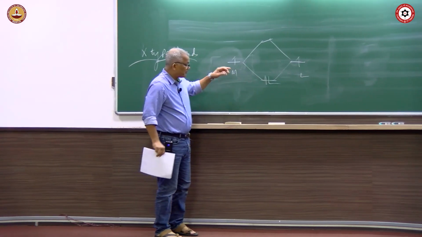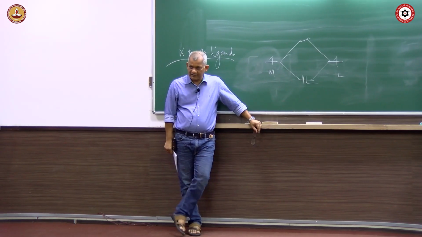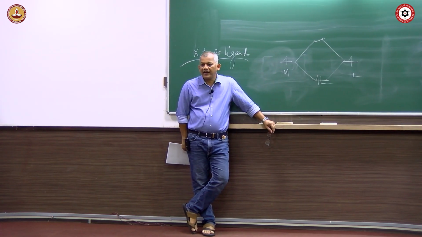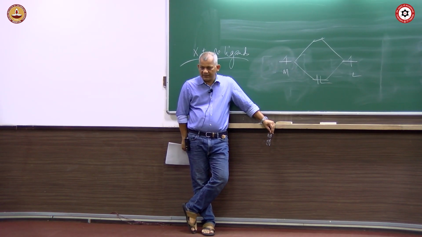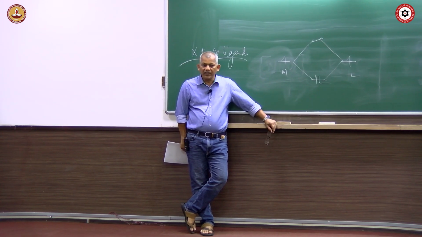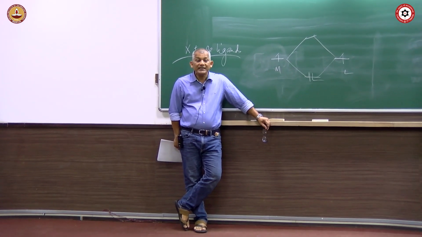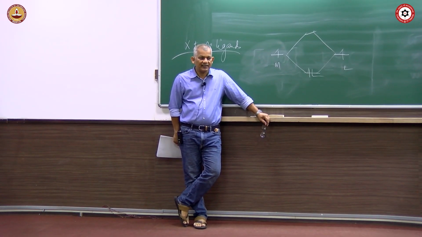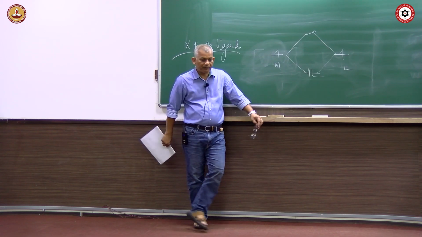So the metal gives one electron, the ligand gives one electron, and it forms this bonding. These are called X type ligands. Which ligands give one electron? Halides. That is why they always write X minus: Cl minus, Br minus, H minus. So these are called X type ligands.